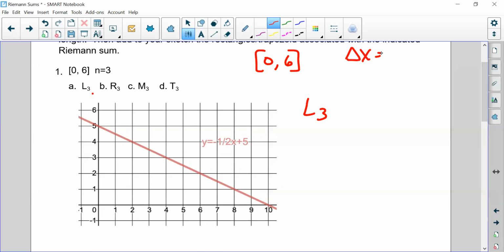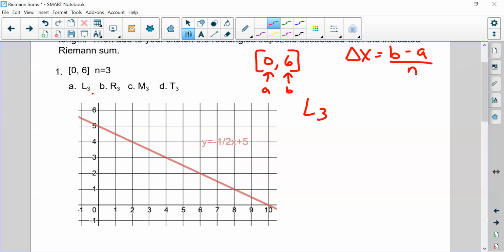Delta x is the notation used for the width of each rectangle. To find delta x, if they're equal subintervals, you take the end of your interval minus the beginning of your interval; we usually use A and B. So delta x equals (b minus a) divided by n.